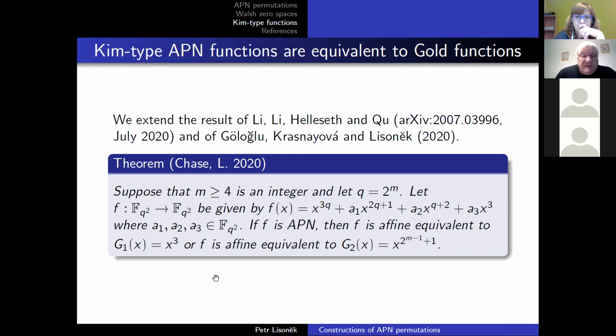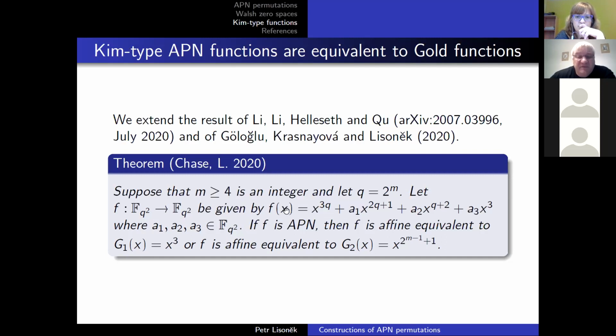And in this work with my student Ben Chase, we combined these two results that I just mentioned, and we showed that now the statement holds when you allow the coefficients in the larger field. So the function is mapping from F_{q^2} to F_{q^2}, and the coefficients also can be in F_{q^2}.